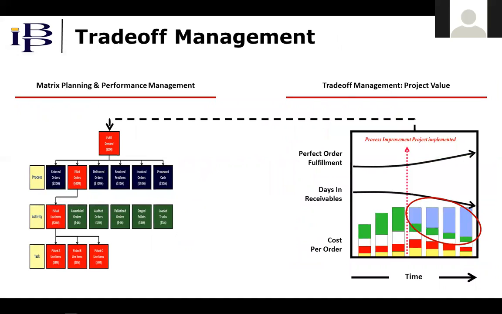From a portfolio management system perspective, you can forecast value, as you see on the right-hand screen. I've put a circle around the blue bars there, which really represent the value of a forecasted project. I can articulate that value deep into the organization.